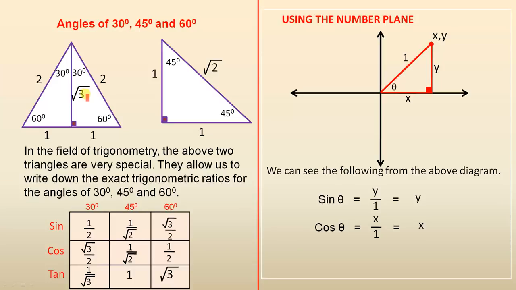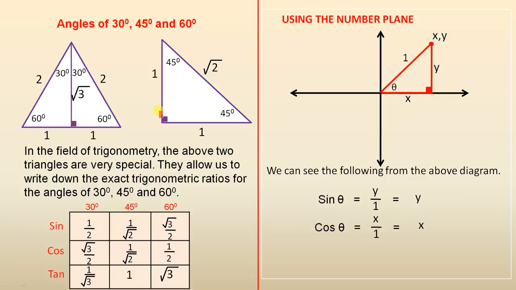So using Pythagoras' theorem, we have root 3, 1 and 2, and the same on the other side. So from this table we can see all the values for sine, cos and tan of those three angles, and they're all obtained from those two diagrams there.